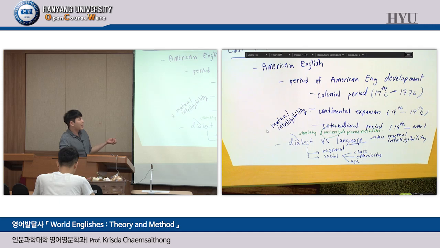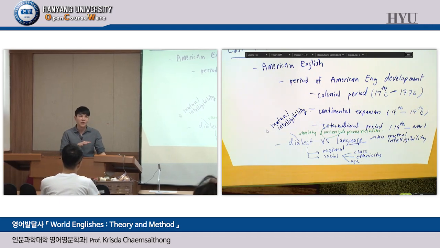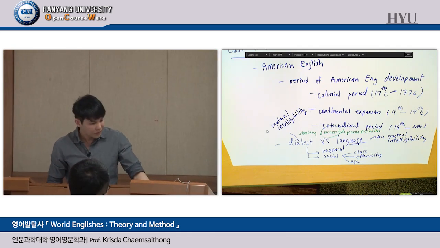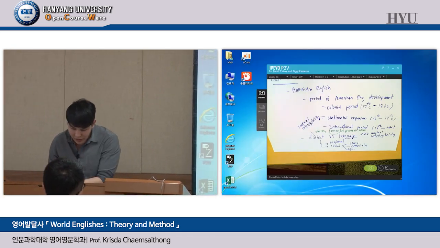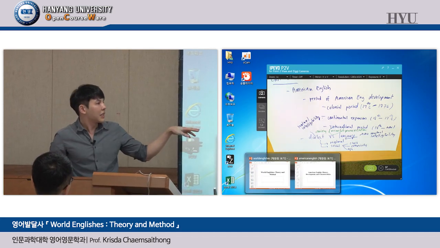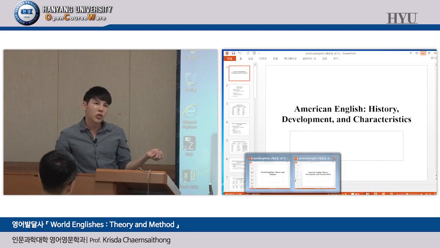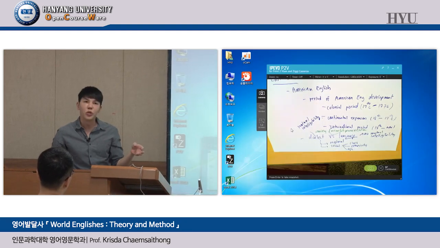But we know that the standard language is also a dialect. So everyone speaks a dialect, from a linguistic point of view, not from a lay people point of view. So there are many kinds of dialects, like regional dialects, which depend on where you are from, and social dialects, which depend on what social group you are from.